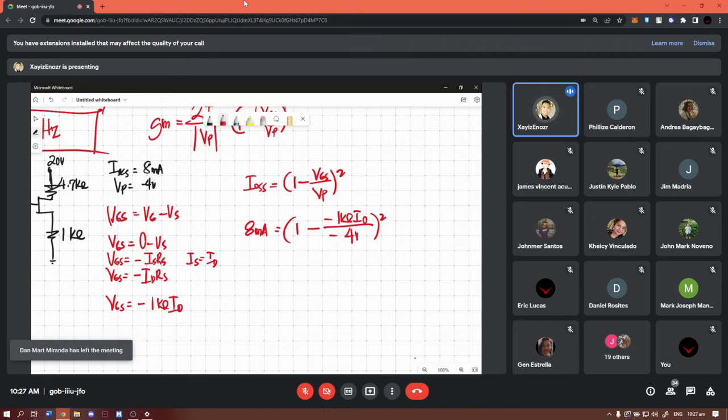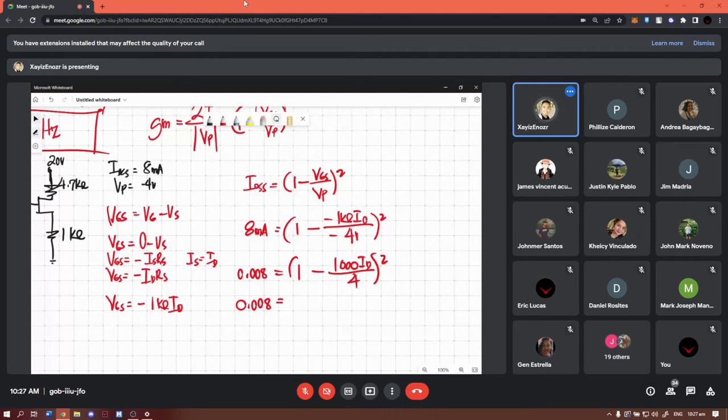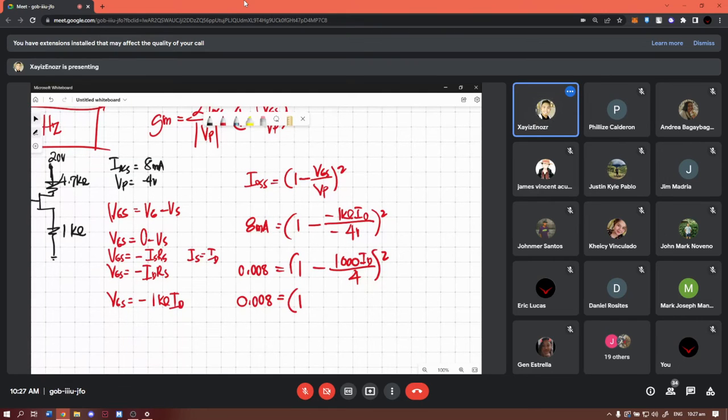So, 8 milliamperes, that is 0.008, is equal to 1 minus 1,000 ID over 4, squared. So minus, negative 1,000 divided by negative 4, that is 250 ID, squared.